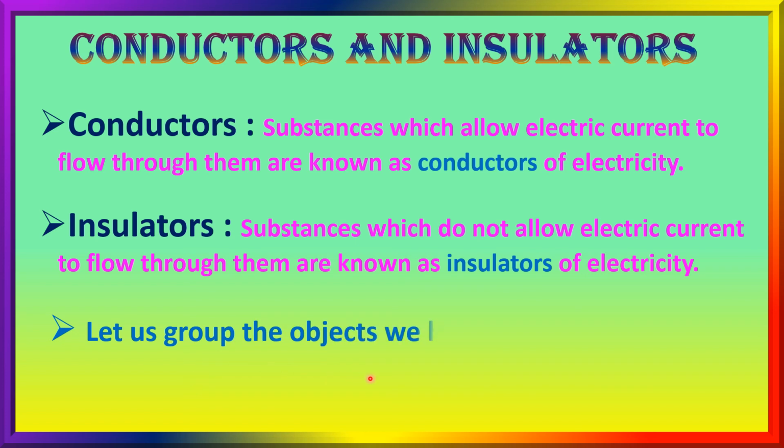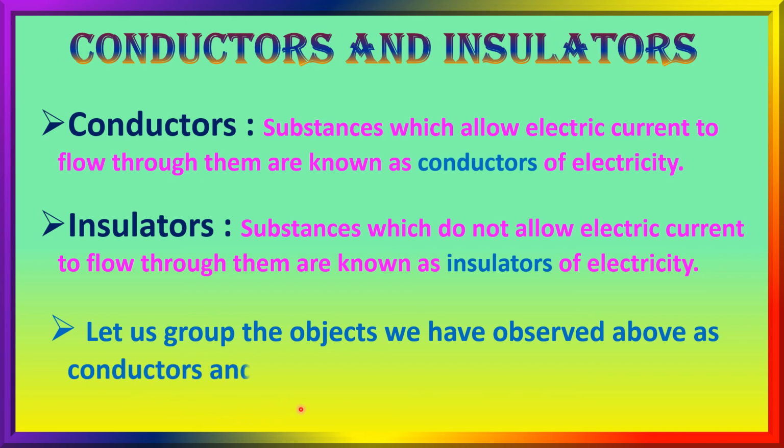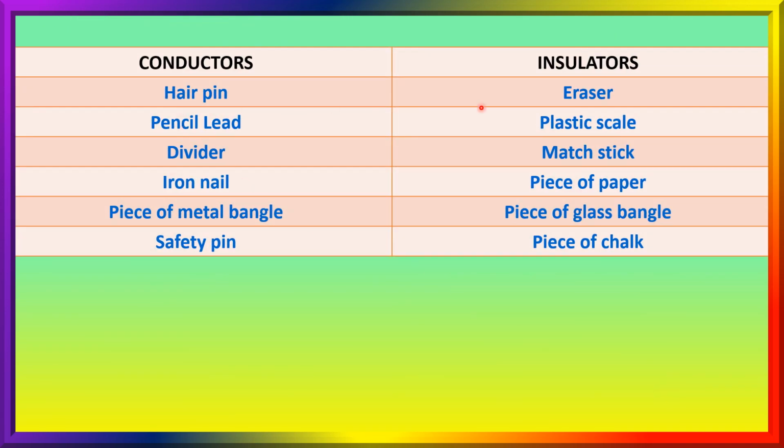Here let us group the objects we have observed above as conductors and insulators. These are the conductors and these are the insulators. Conductors: hairpin, pencil lead, divider, iron nail, piece of metal bangle, safety pin.